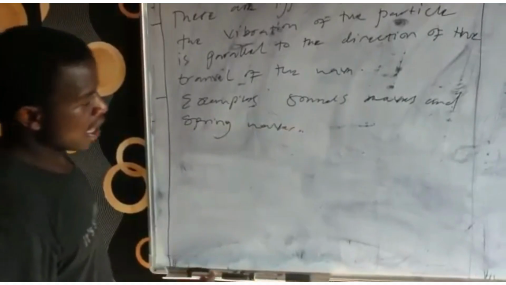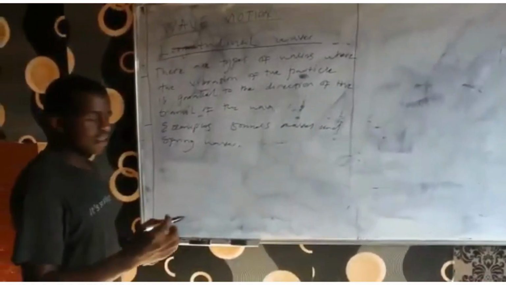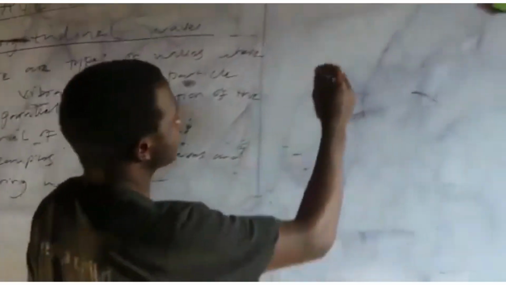Let us now look at the structure of the longitudinal wave. So the longitudinal wave is drawn like this.